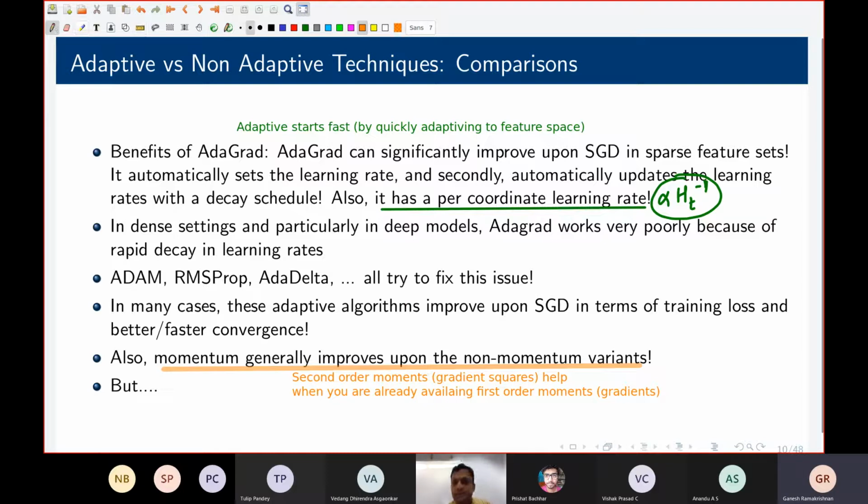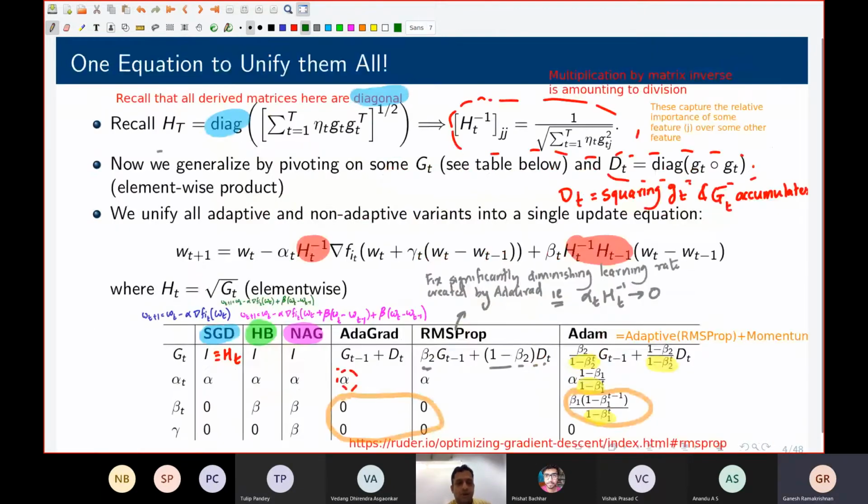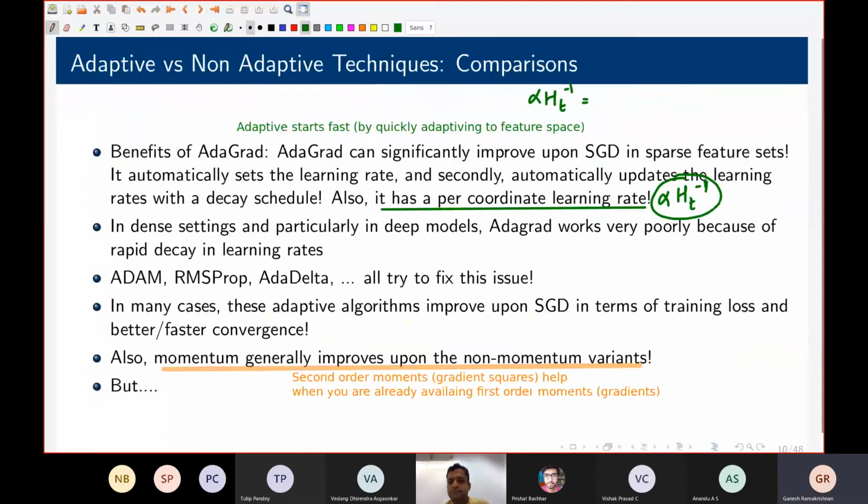If you're finding it difficult to understand, imagine what alpha into H inverse would mean. Ht was basically the square root of Gt, the accumulated gradients, right? So what is this doing? It's saying I have alpha divided by the square root of Gt,i for the i-th component.